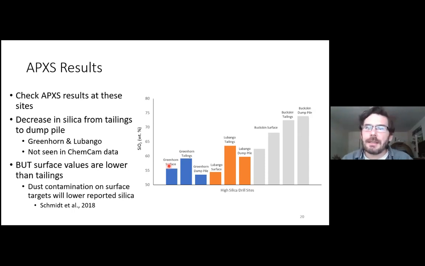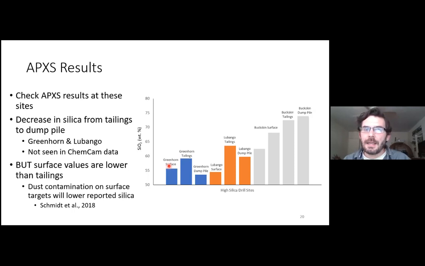So APXS is another geochemistry instrument on board the rover. Whereas ChemCam can do rapid remote analyses, so basically sample multiple targets in a day very quickly, but it has a very small laser footprint, which is kind of mitigated by taking rasters across rocks.